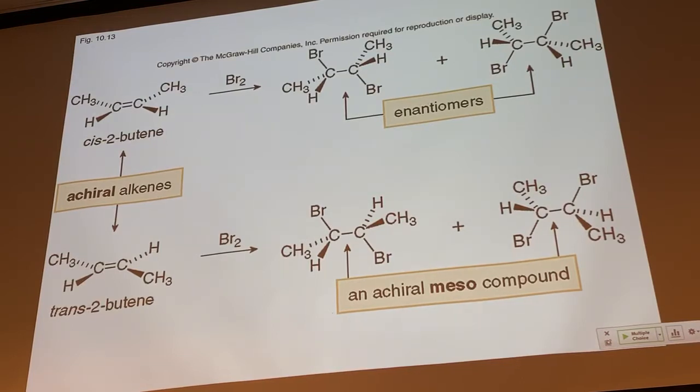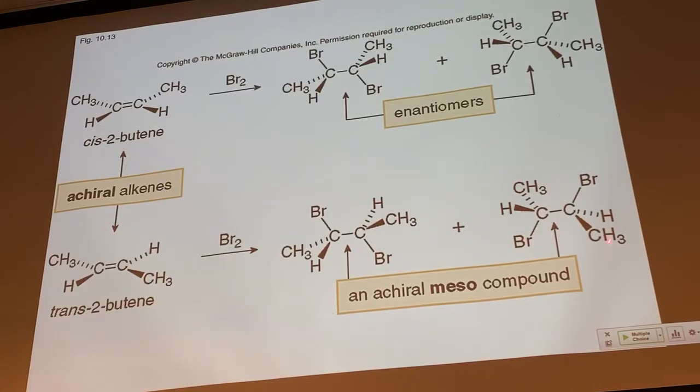So we'll have a plane of symmetry, and we'll be able to see that plane of symmetry if we do a 180-degree rotation. The other way we can tell that this molecule is achiral is if we take either one. Let's just say we're going to take the one that's drawn on the right. If we just flip that over and superimpose it on the one on the left, we find that it superimposes perfectly. So it is a superimposable mirror image, meaning that the two structures are identical.